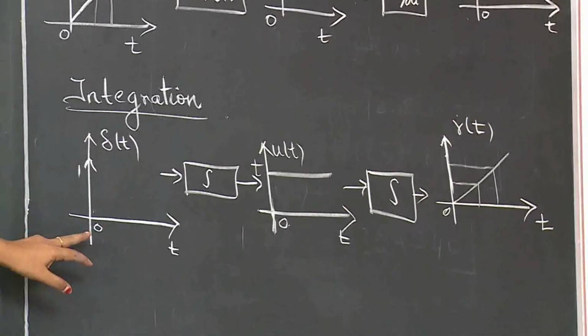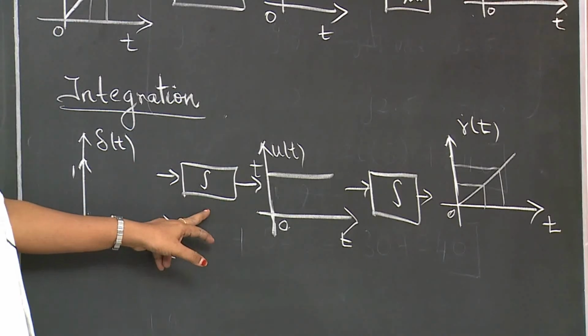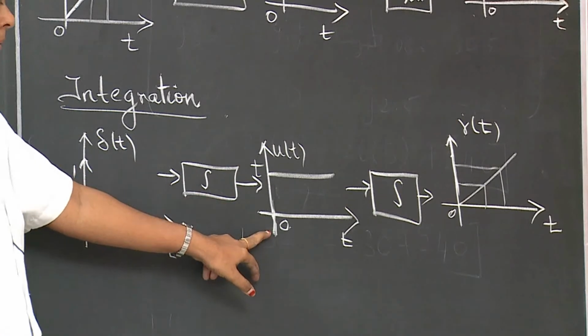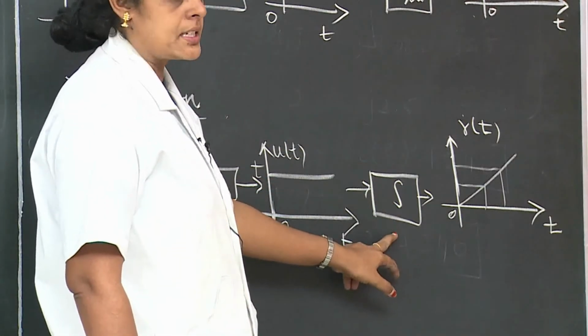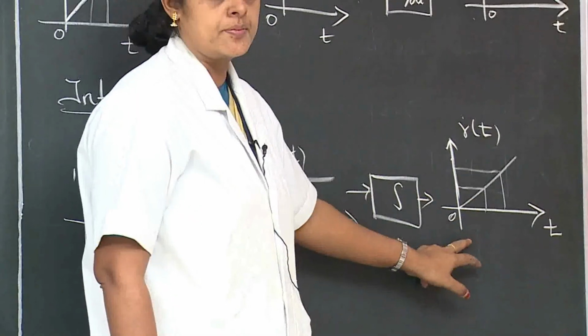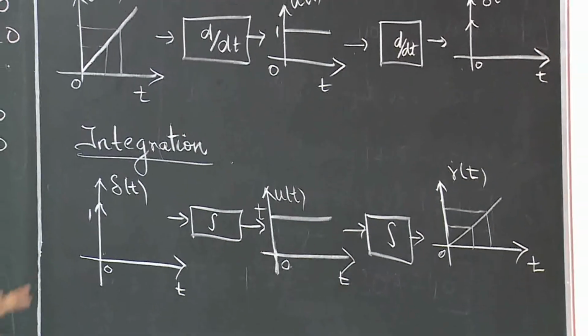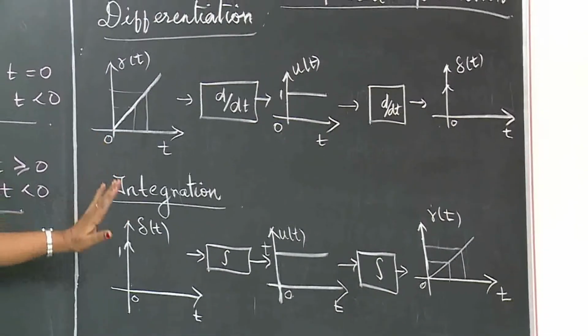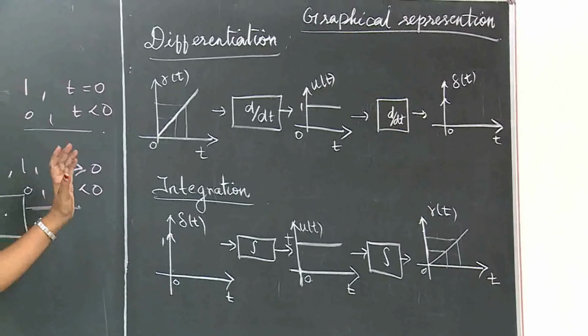First we apply del of t. When we apply integration we get u of t, that means the step signal, and with integration again we get the ramp signal, right? So this is the graphical representation. This is the relationship between the ramp signal, unit step signal and the delta signal.